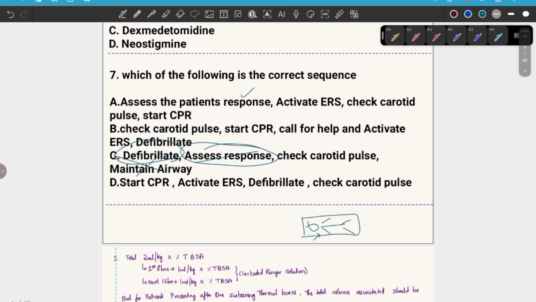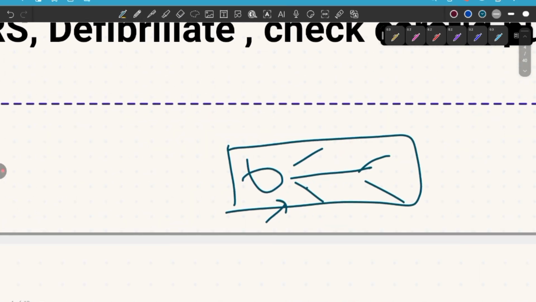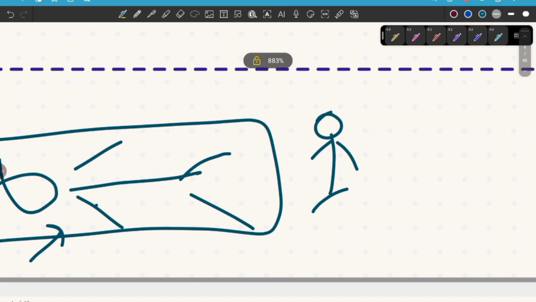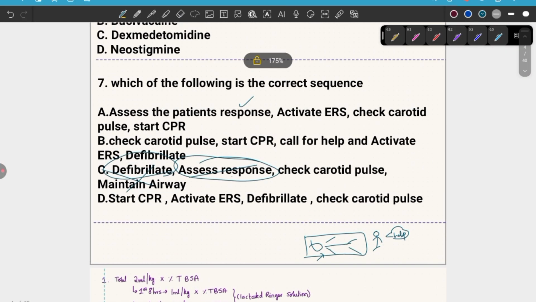Next, again, only option A has assessing the patient response first. After that, if the patient is not responding, you have to call for help. You have to ask for help now. In option B, call for help is given third.